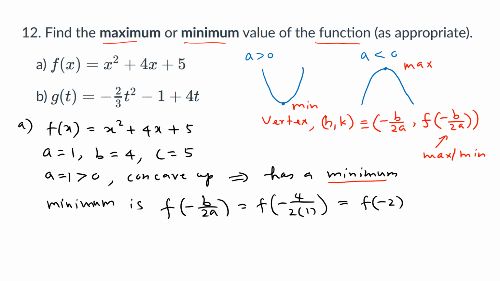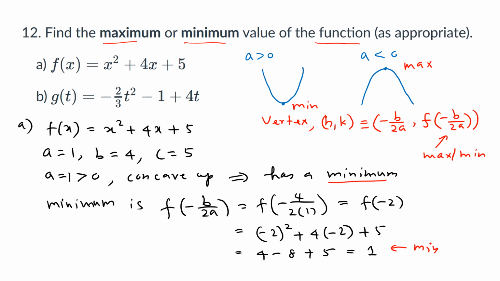Go to the function and plug in negative 2: negative 2 squared plus 4 times negative 2 plus 5. If you simplify, you get 4 minus 8 plus 5, which gives 1. So 1 is the value the function attains. Actually, it's not the maximum, it's the minimum. That is the minimum value we are looking for.